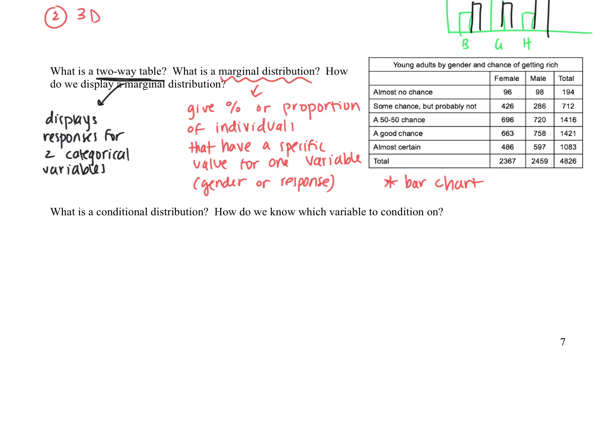Okay, if we did want to compare, though, by male versus female, we would look at what is called a conditional distribution. A conditional distribution is going to give us the distribution of a categorical variable for one category of another variable.